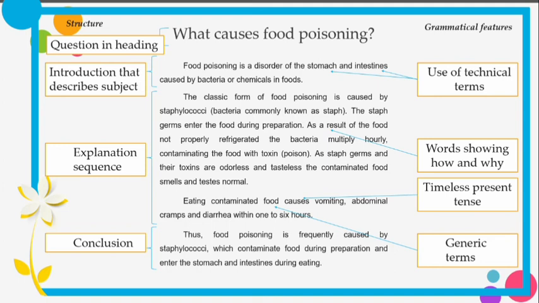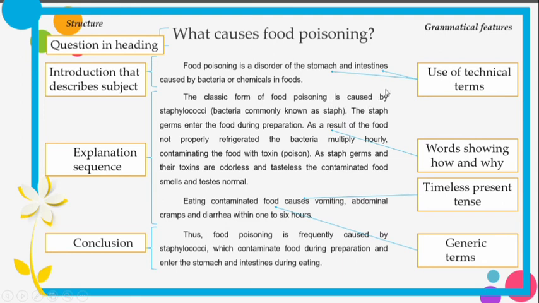And in this text, we can also find passive voice as one of the grammatical features of explanation text. Look at the second paragraph, in the first sentence. The classic form of food poisoning is caused by Staphylococcus bacteria, commonly known as staph.